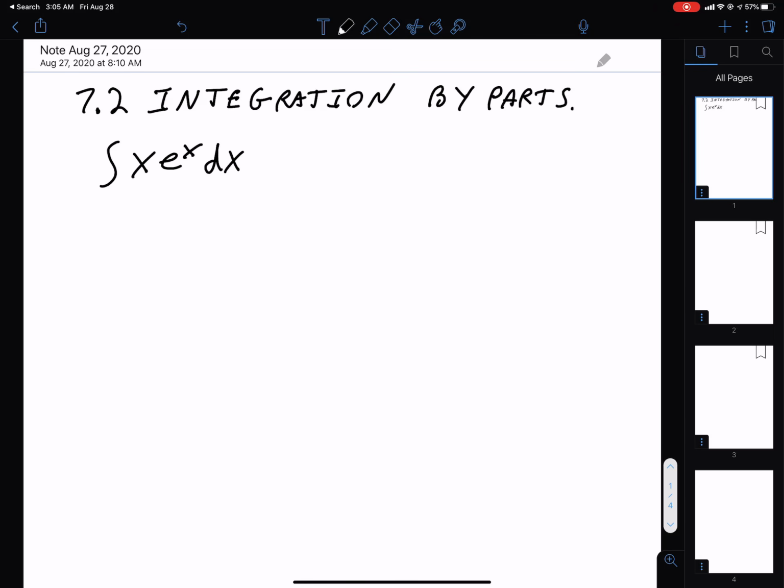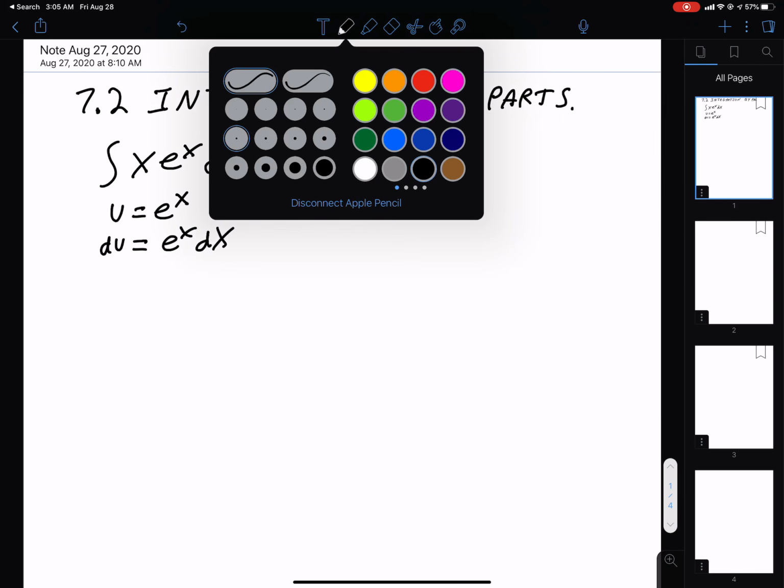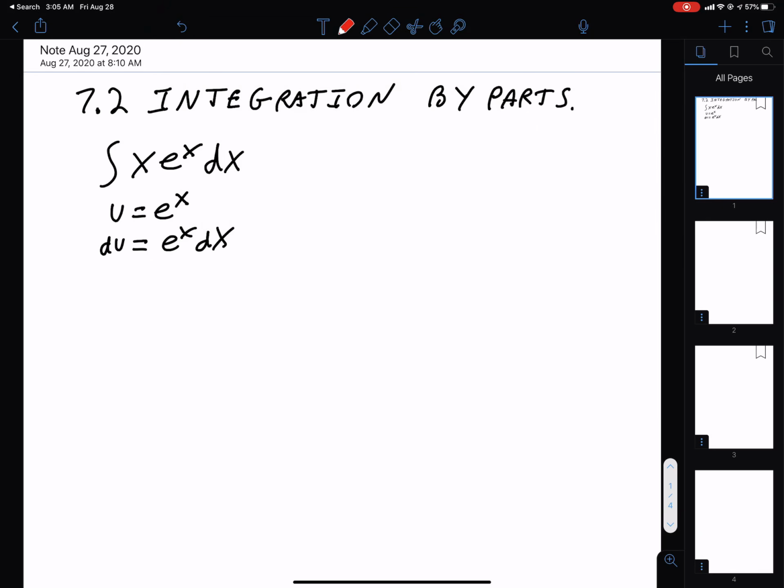So you might say, hey, let's try a U substitution, then du would get you e to the x dx. And here's the problem. If we make this du, we don't have a u because all we have here is an x. So that doesn't work.